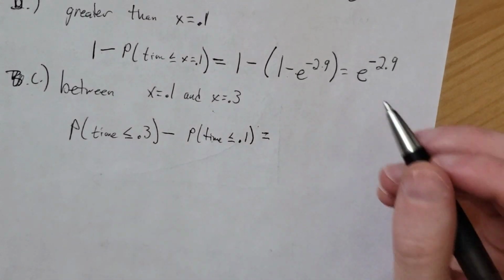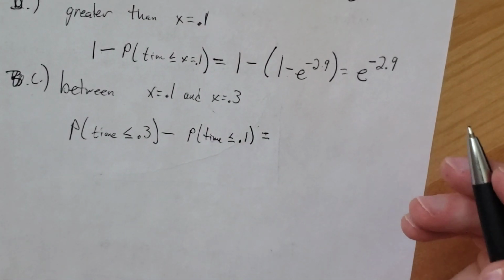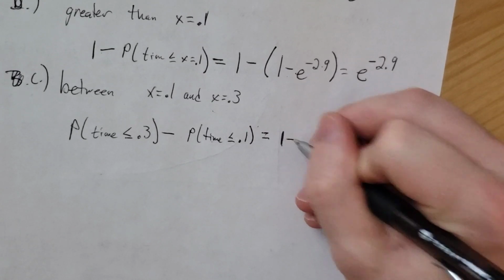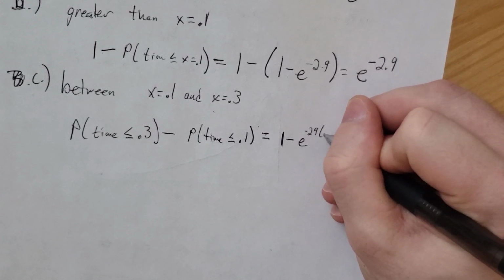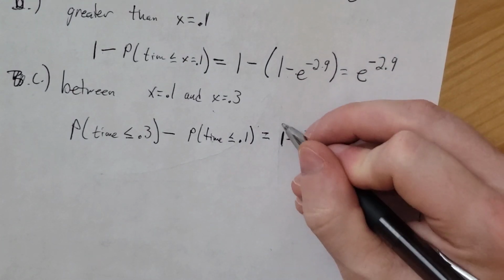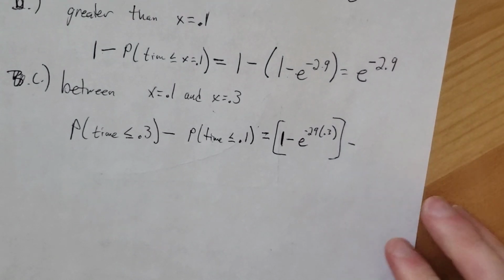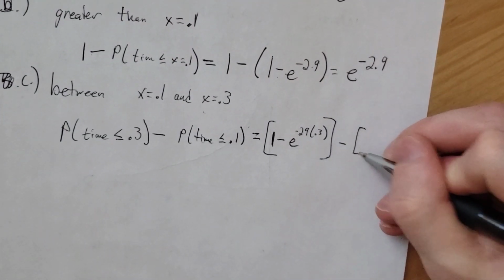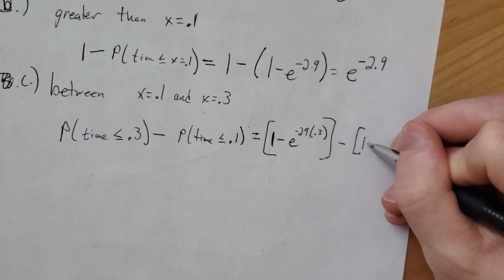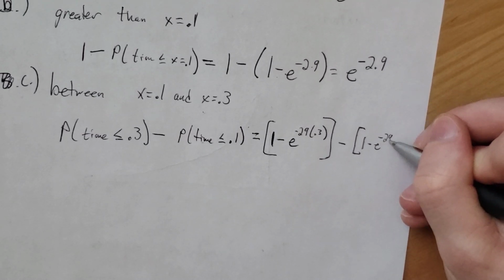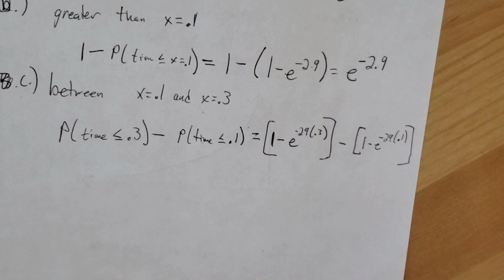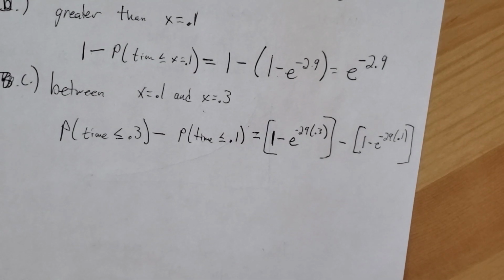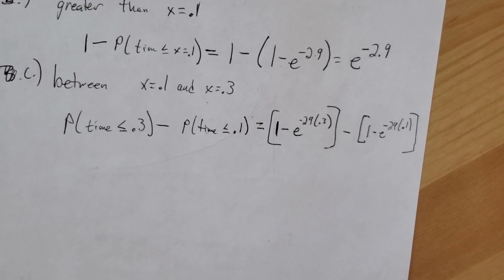Well, the probability that the time is equal or less than 0.3 is 1 minus e to the negative 29 times 0.3, and we're going to subtract off the calculation we did at the beginning, which is 1 minus e to the negative 29 times 0.1. You can simplify that first if you wish, or just plug it into the calculator as is to find a decimal version.